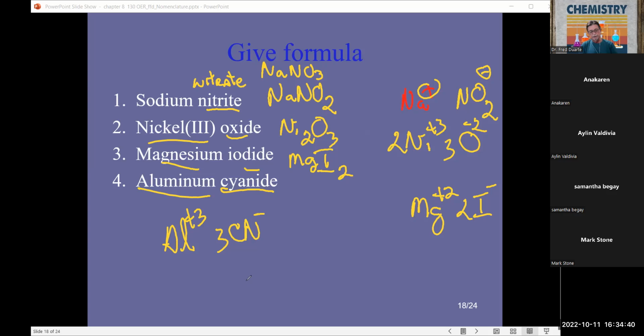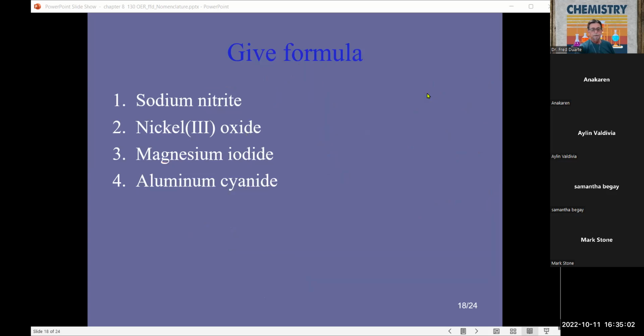So the formula becomes Al(CN)3, aluminum cyanide. The breakup again is, you're given the name, break it down to their respective ions in ionic form, and then put them together with the proper ratio. And that is the formula.